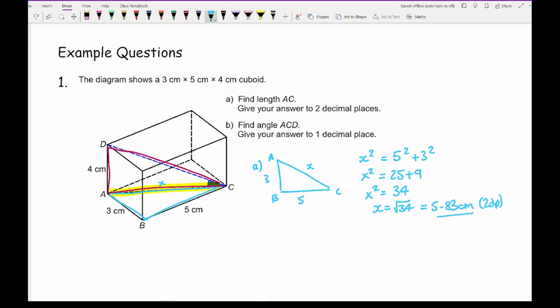Then working with B, it says find the angle ACD. Now what I definitely encourage my students to do is to have coloured pens. Although coloured pens are kind of frowned upon in exams because they scan your papers in, as long as you're not using a coloured pen for anything that you want marked, you can use it.